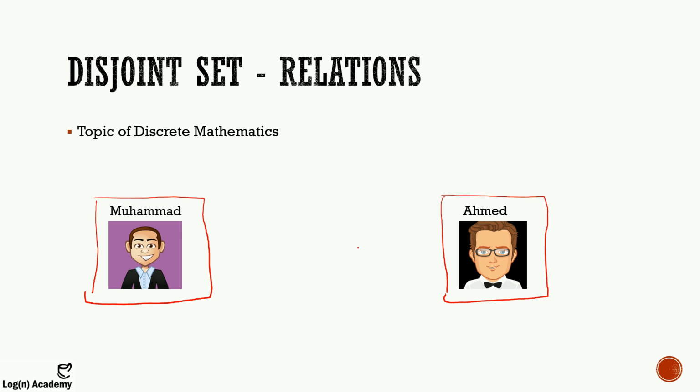So I can say that Muhammad is a part of, let's say, family one, right? And I can say Ahmad is a part of, let's say, family two, right? They both are members of their own families, and I've given family 1 to Muhammad and family 2 to Ahmad.